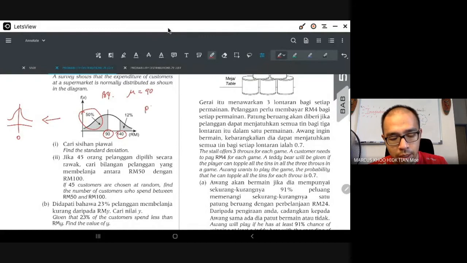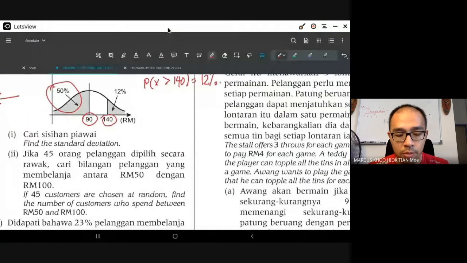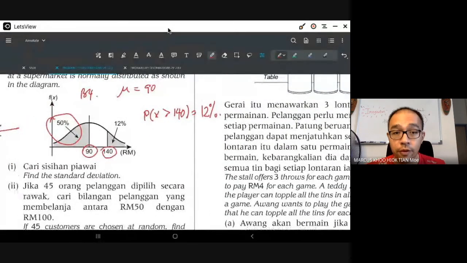The probability of X is more than 140 is equal to 12%. There is something in that graph that has told us this. And we can change the 12% to probability, which is 0.12.